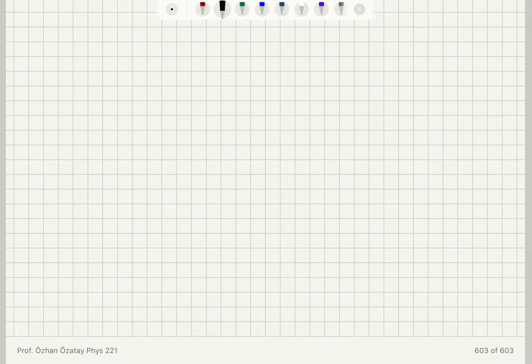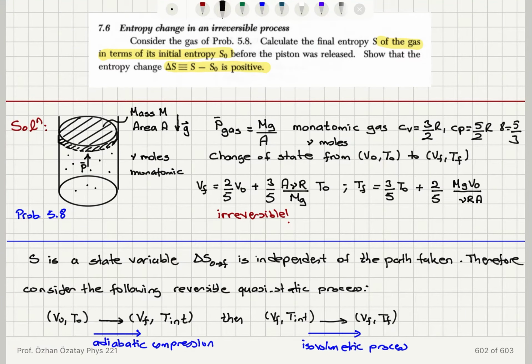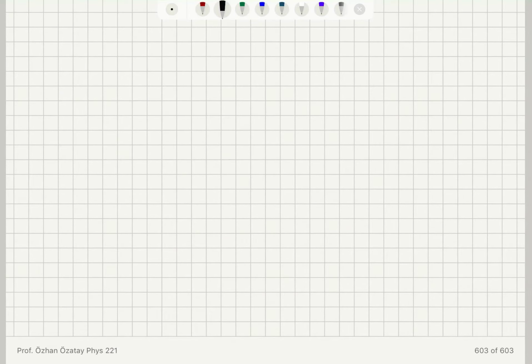So I can call this state 0. I'm going to state A, and then I'm going from state A to state B, which is my final state. So the entropy change will be entropy change from 0 to A plus entropy change from A to B.